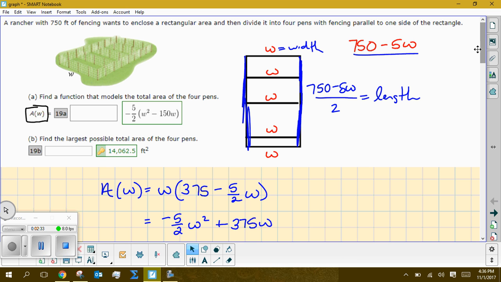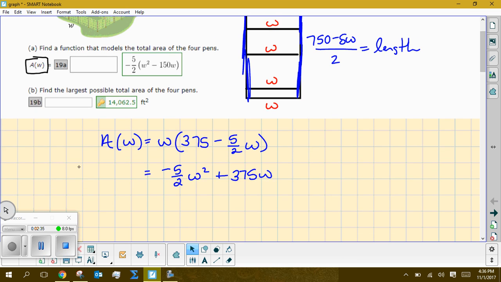Now they write it a little bit differently. You see my answer up there, or an answer that I should get. It shouldn't matter whether you type it that way or this way. You're going to get the same result.